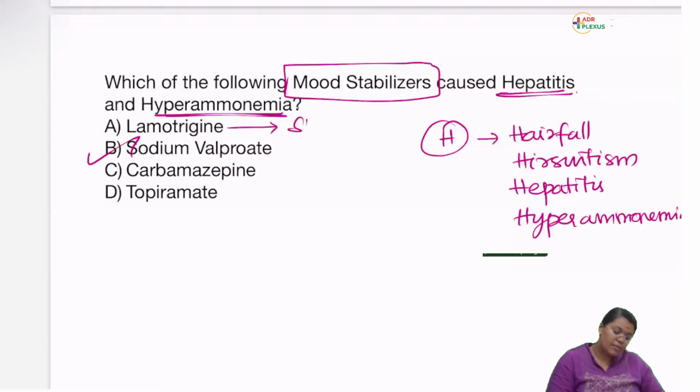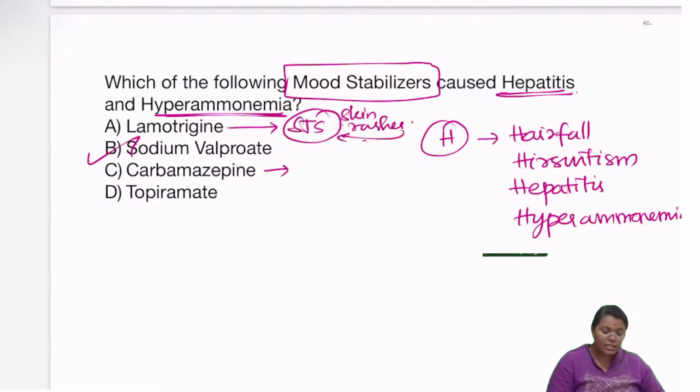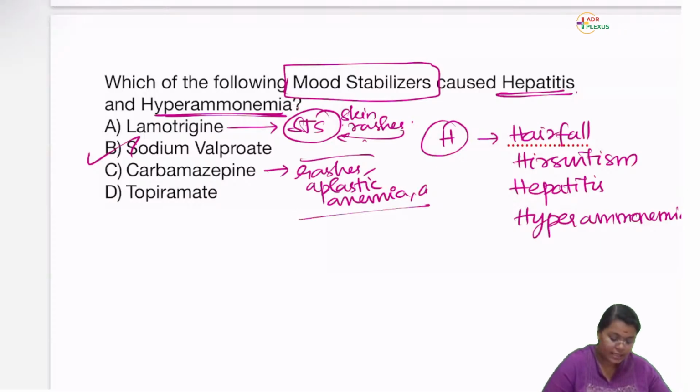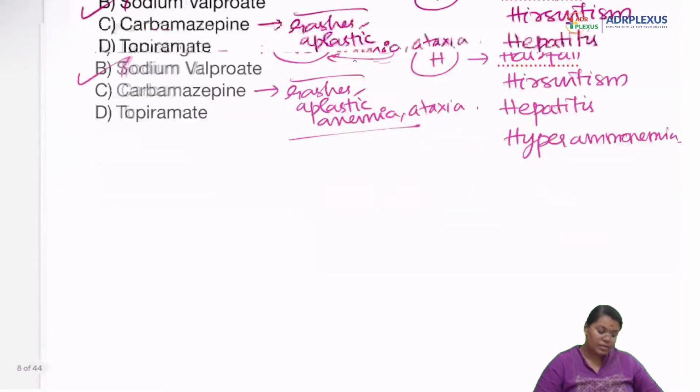Lamotrigine is notorious for causing skin rashes resulting in Stevens-Johnson syndrome. Carbamazepine is an enzyme inducer. It causes rashes, aplastic anemia, ataxia, etc.